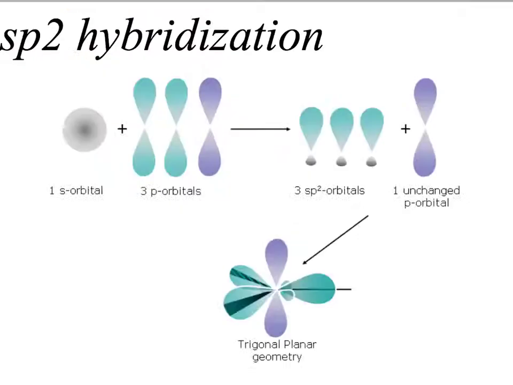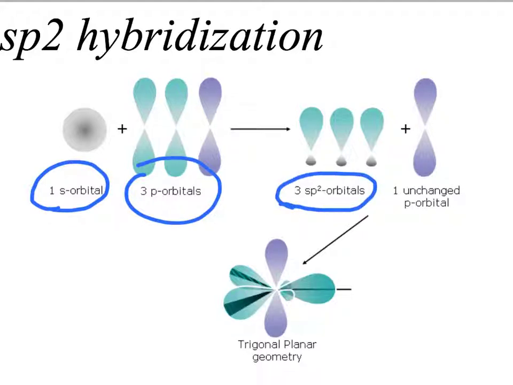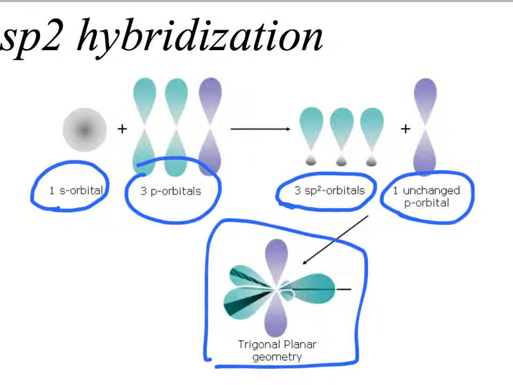All right, my next hybridization, sp2. Taking my 1s and my 3 p's, same starting ingredients, I get 3 new hybrid orbitals. They're sp2 hybridized, plus the 1 original p orbital, and I get this trigonal planar geometry.